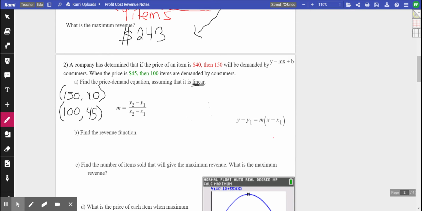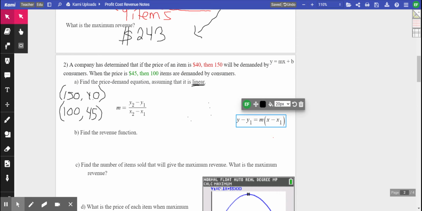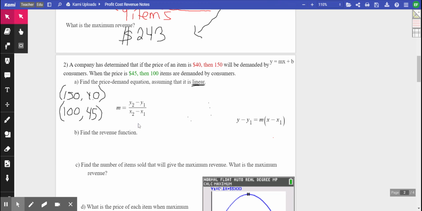So regardless of how we choose to write our equation from here, and we'll talk about the difference between slope-intercept form, which is up here, and point-slope form, we'll talk about both of those in a minute. Regardless, we need to figure out our slope. So I give you the slope formula here. I give you that little Algebra 1 reminder that slope is the change in y over the change in x. So I'm just going to take those two data points that I have here and plug them into my slope formula.